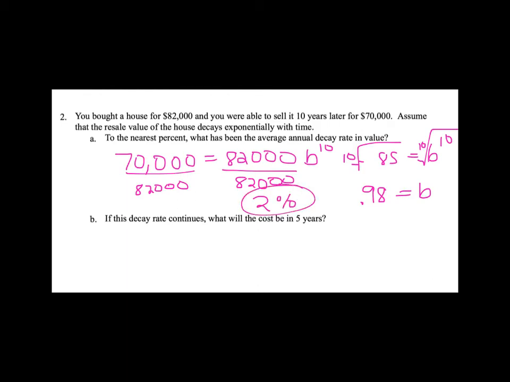If this decay rate continues, what will be the cost in 5 years? We do the same thing that we did before. We use our original value and our decay factor, 0.98. We already know it at 10 years, so we're going to do 15 years.